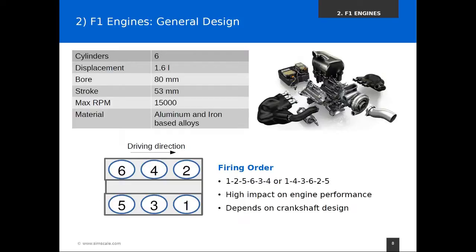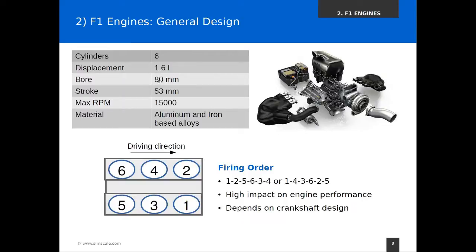There's a bank on the left which has 3 cylinders, and there's another bank on the right which also has 3 cylinders, and they are arranged with a 90-degree bank angle. The displacement is 1.6 liters. Displacement is the total amount of volume that is actually being pushed or sucked with one full motion of the piston.